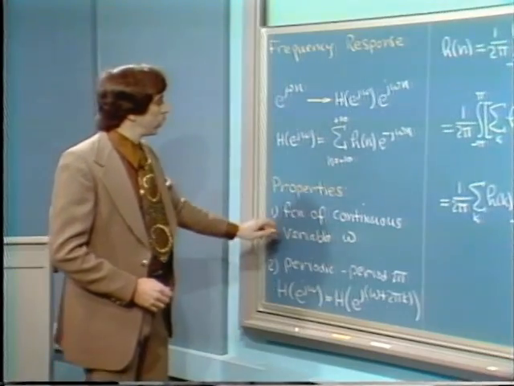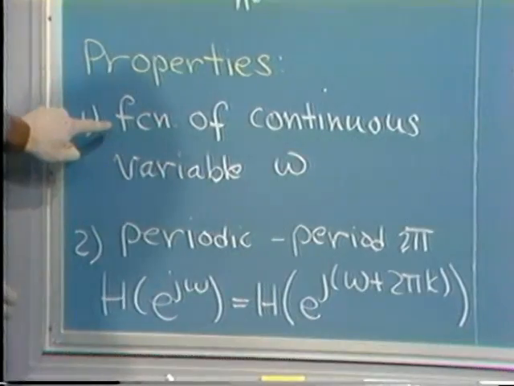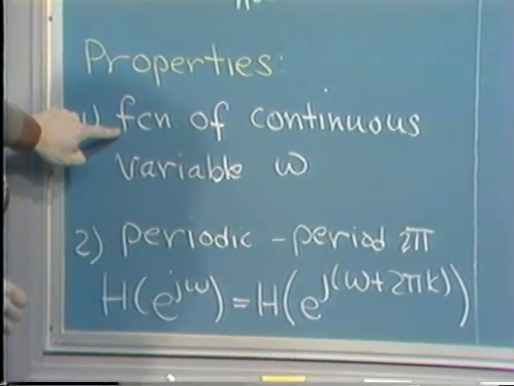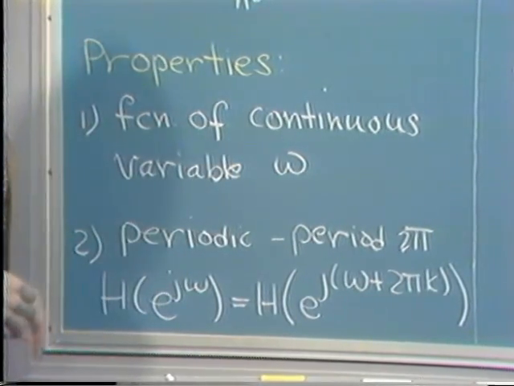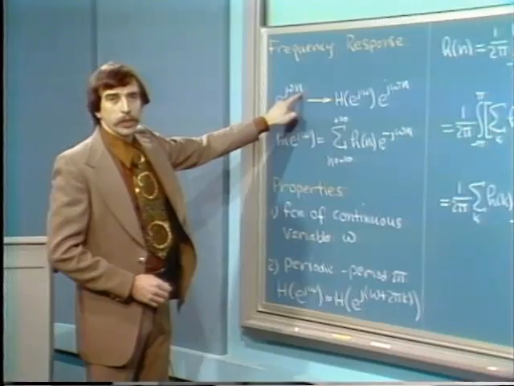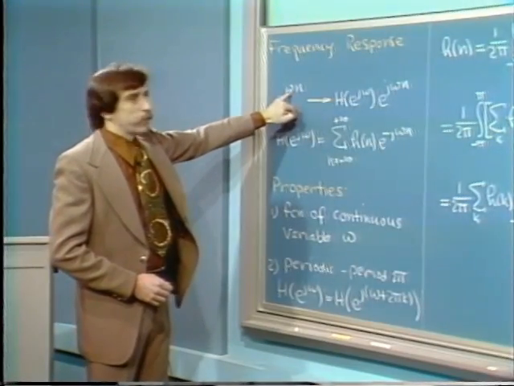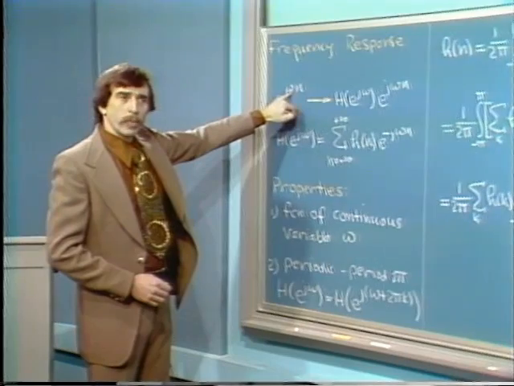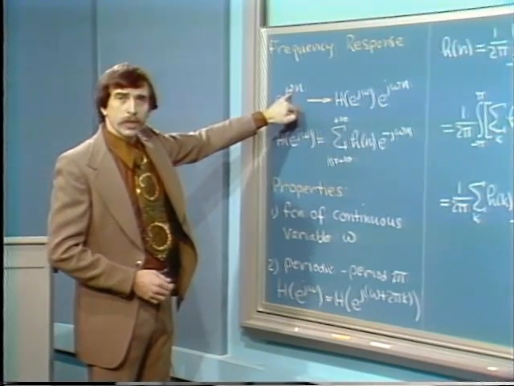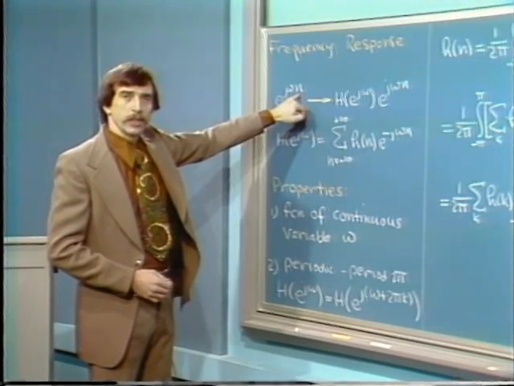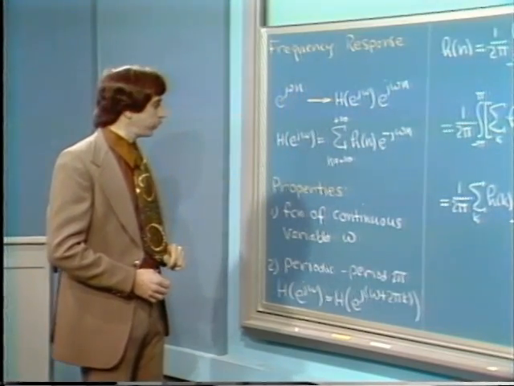One of them was the fact that the frequency response is a function of a continuous variable omega. That is, complex exponential inputs can have the frequency variable omega vary continuously. Omega is a continuous variable, whereas n is the discrete variable.